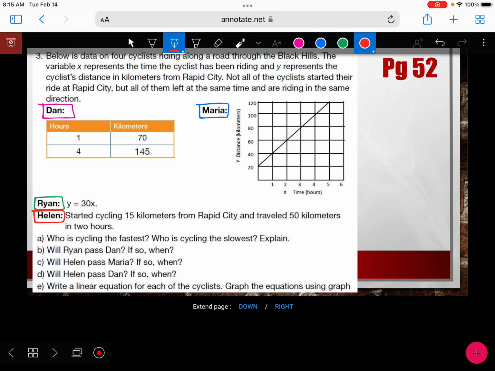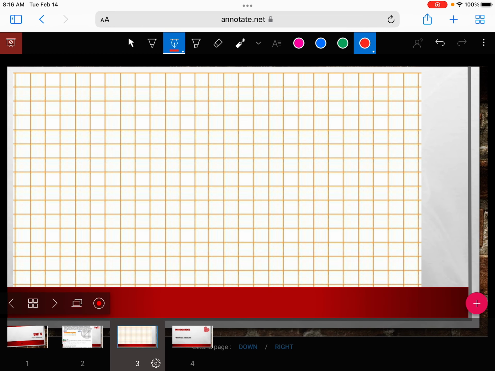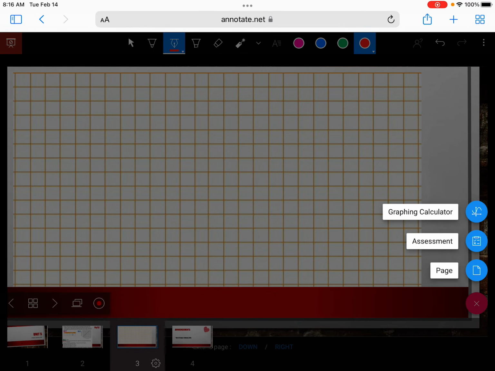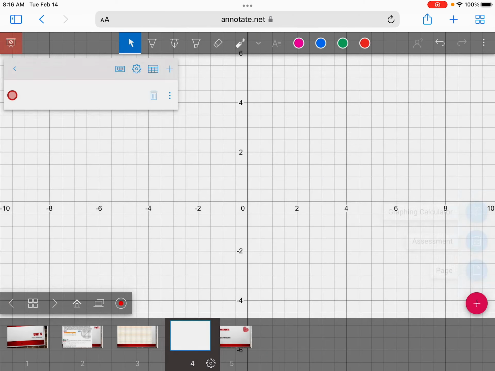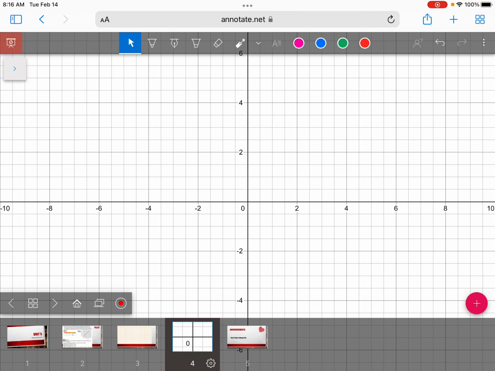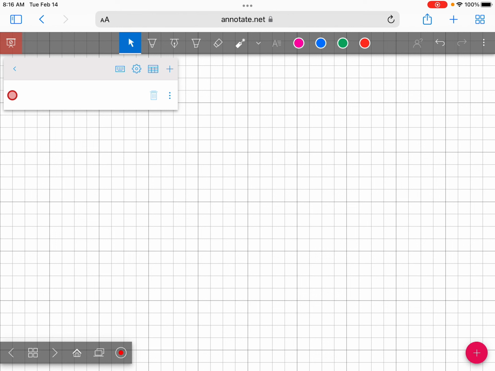So I got him in green. So going to your graph. Sorry guys, let me just edit this real quick. Minor axis numbers, x-axis, y-axis, close. There we go.